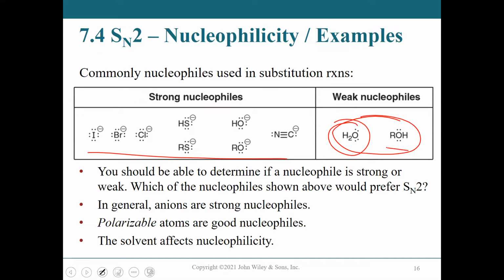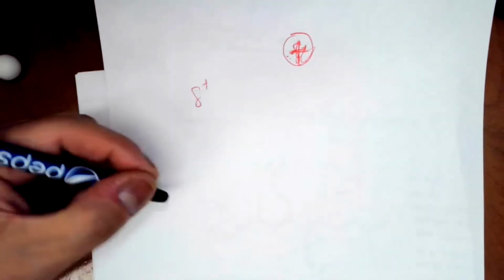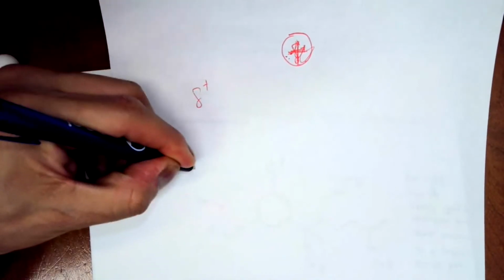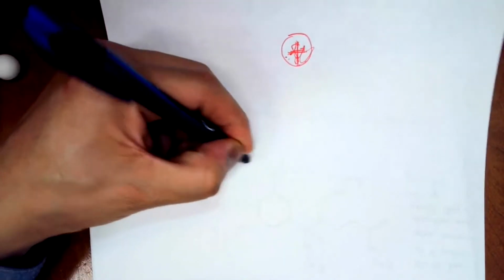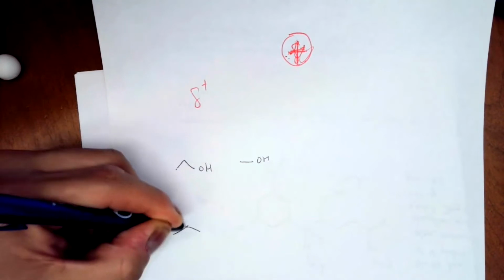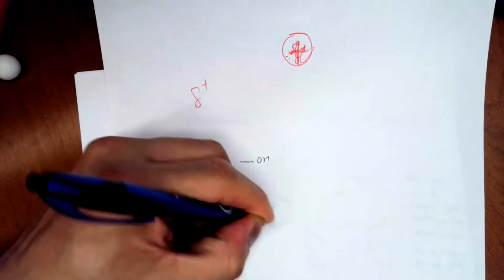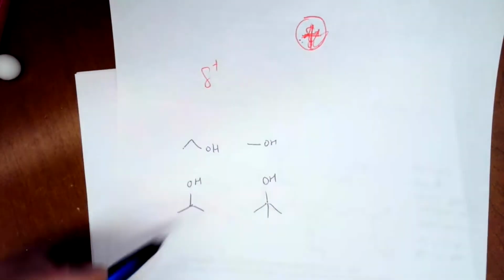What is this ROH? ROH means alcohols: any alcohol, methanol, ethanol, propanol, anything that has an OH with a carbon side chain. So, for example, let's go back. What is an alcohol? That R group can be ethanol, methanol, isopropanol, tert-butanol, anything.